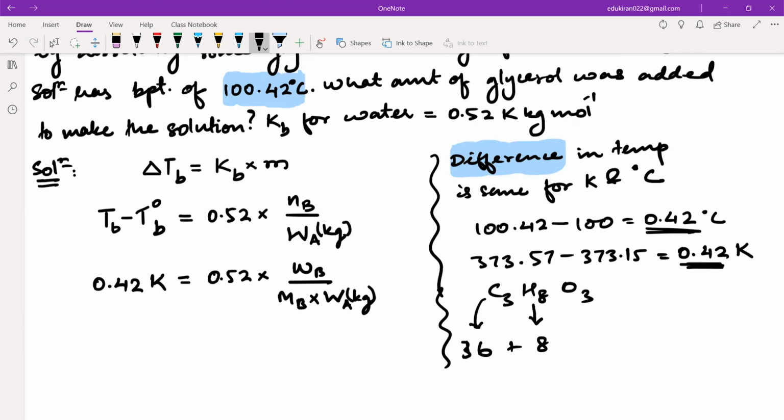H8 means 8 and oxygen is 3, how much is oxygen? 16 times 3 is 48. Add all of these, how much will it come to? 44 plus 48, 92, right? 92 guys, yes or no? Yes, sir.